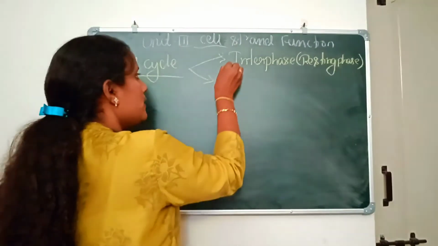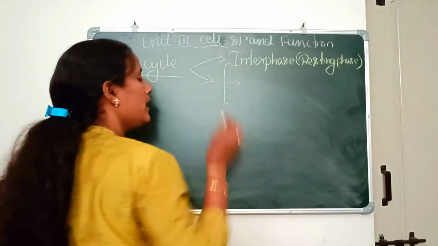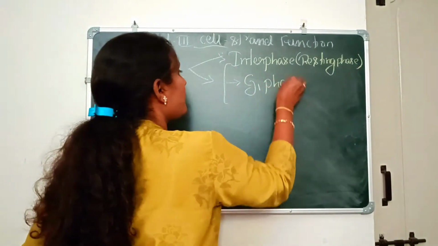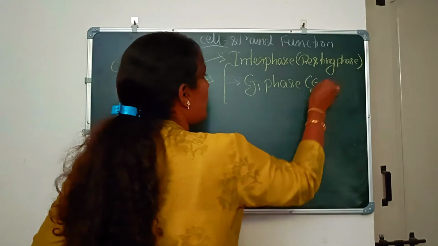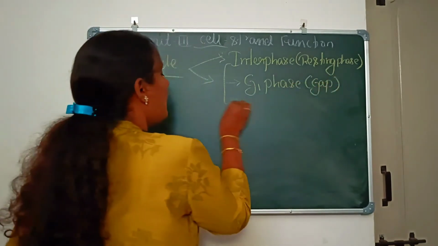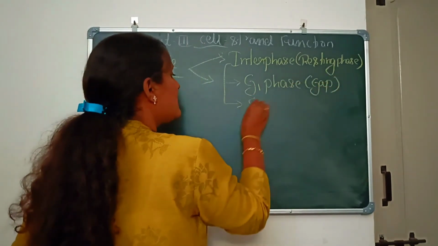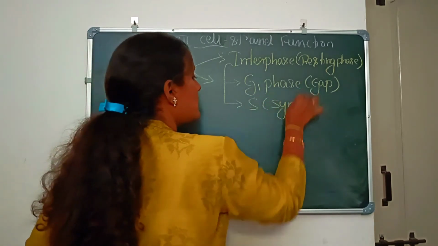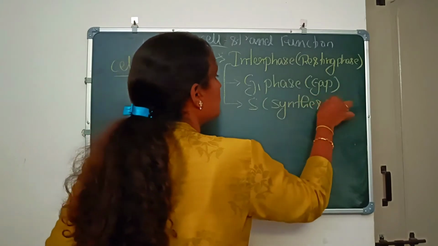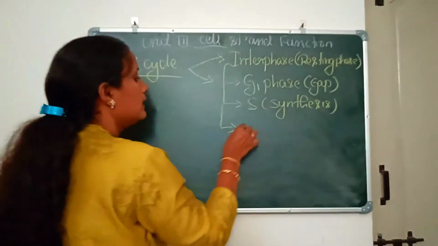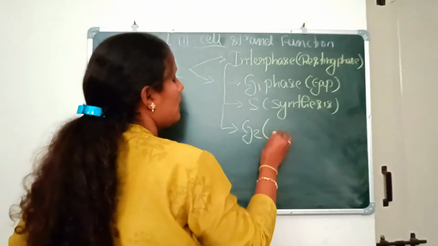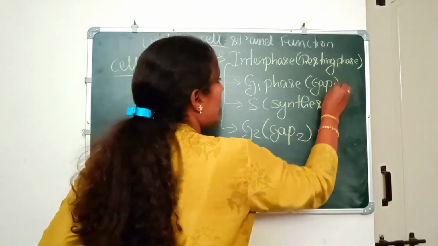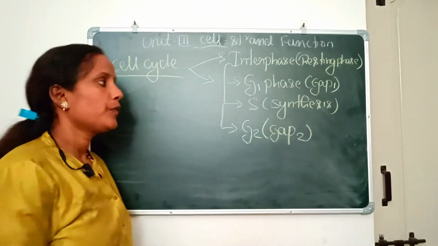Again, this interphase is divided into G1 phase, or we can call it gap 1, S phase, or it is also called synthesis phase, and G2 phase, or we can call it gap 2. This is gap 1 and this is gap 2.